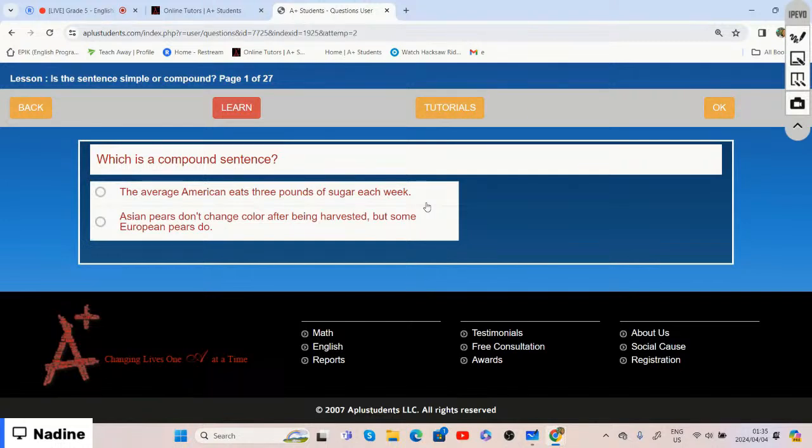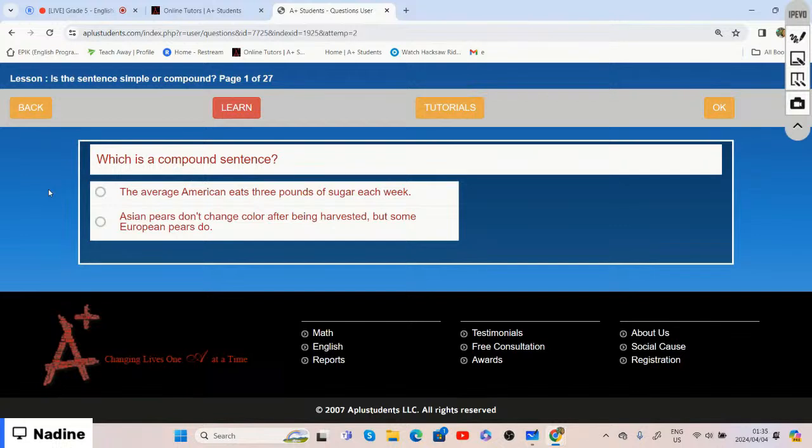We need to say which sentence is a compound sentence. It says, the average American eats 3 pounds of sugar each week, or Asian pears don't change color after being harvested, but some European pears do. Which one is a compound sentence?